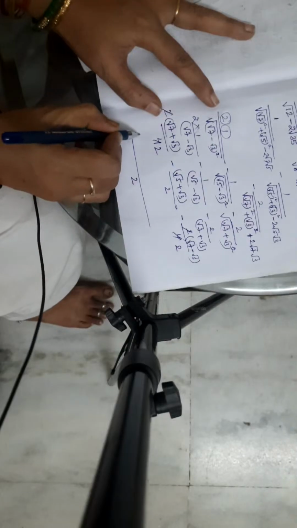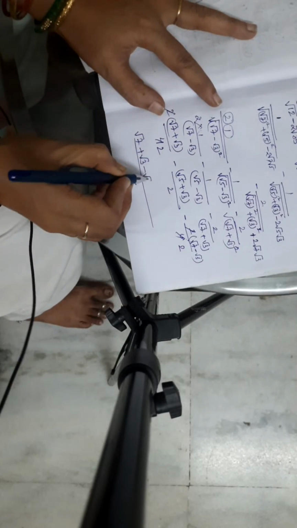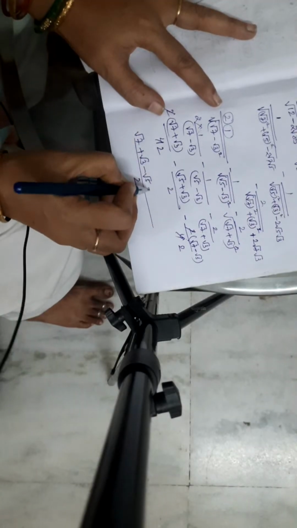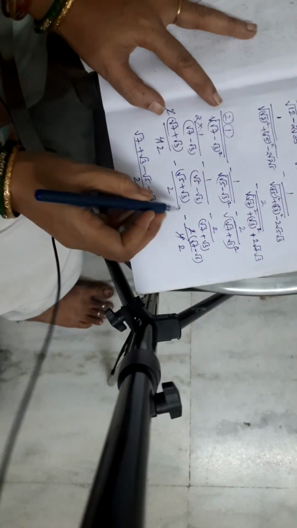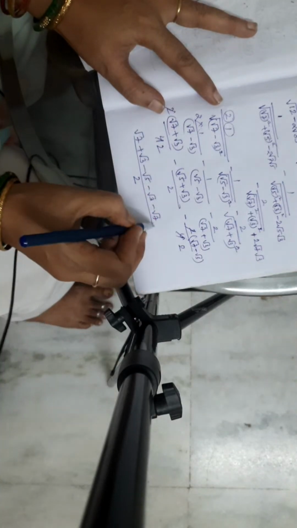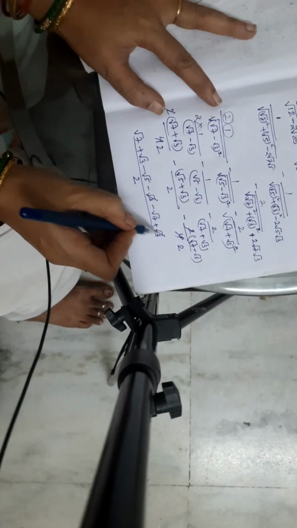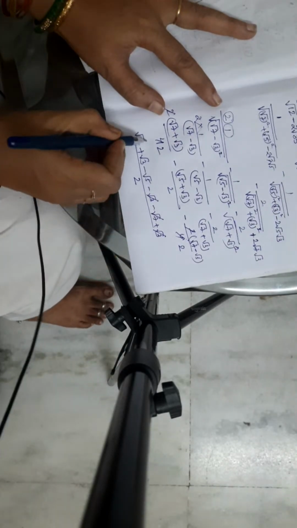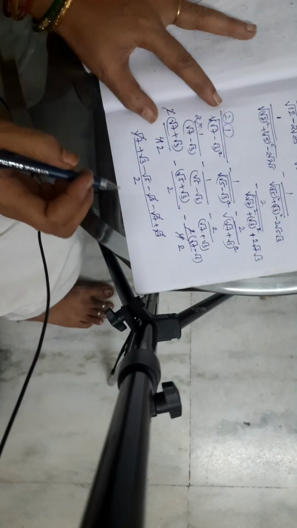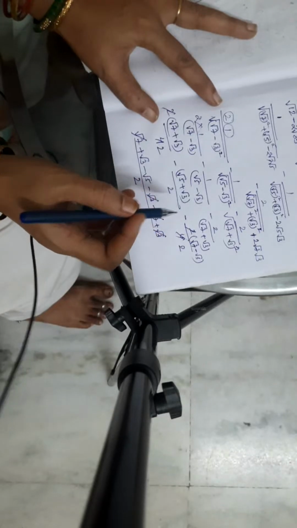So here it is root 7 plus root 3 minus root 5 plus root 3 minus root 7 plus root 3. Now root 3 will get cancelled, root 7 will get cancelled.